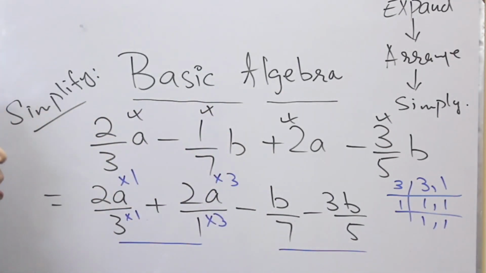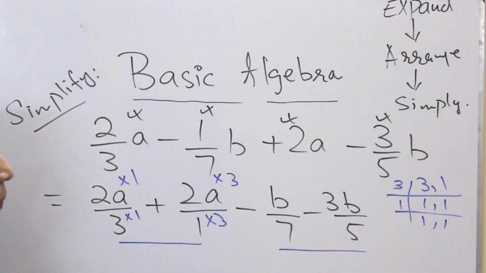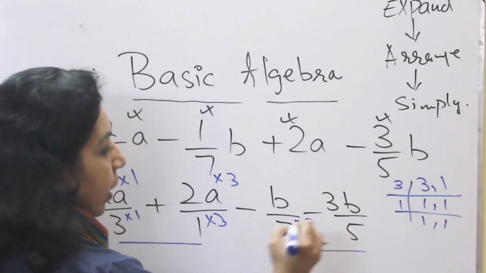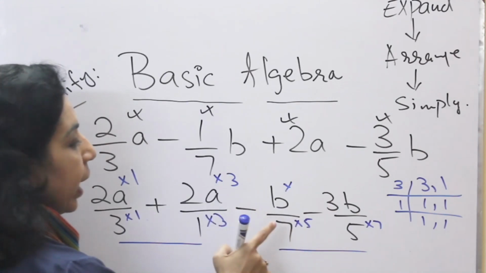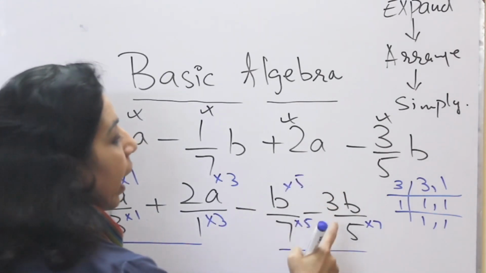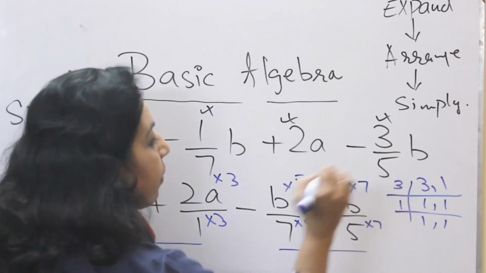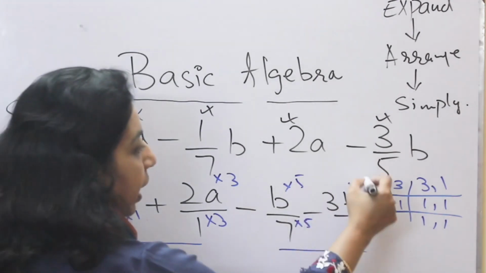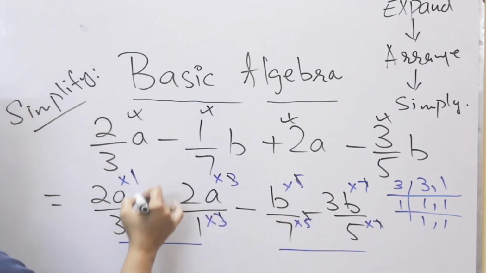It's so simple. And when you take the LCM of 7 and 5, both are prime numbers. Their LCM will be their product. 7 5 times, 5 7 times. Now if I multiply this 7 with 5, I shall multiply this b with 5. And if I have multiplied this 5 with 7, I shall multiply this 3b with 7. So you can see that the numbers which we have taken are same: 7 with 7, 5 with 5, 3 with 3, and 1 with 1.